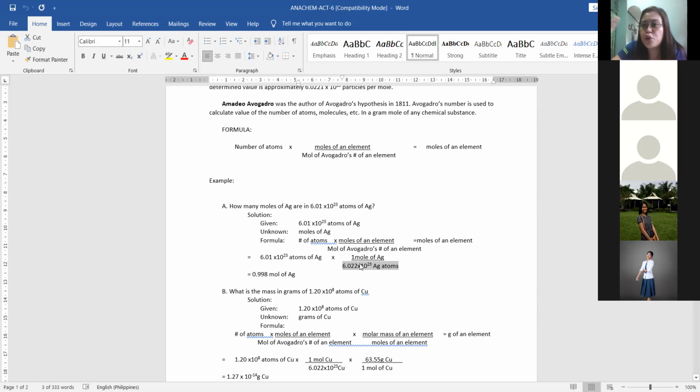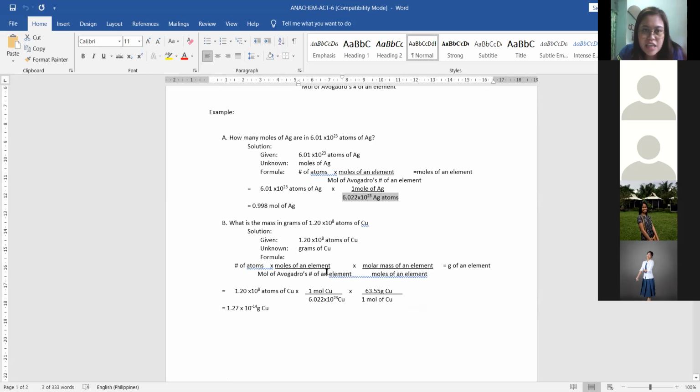That's how you convert the number of atoms to moles, because in chemistry we don't actually use the number of atoms for the amount of substance. For the amount of substance, you either use moles or you use the weight, which is in grams.